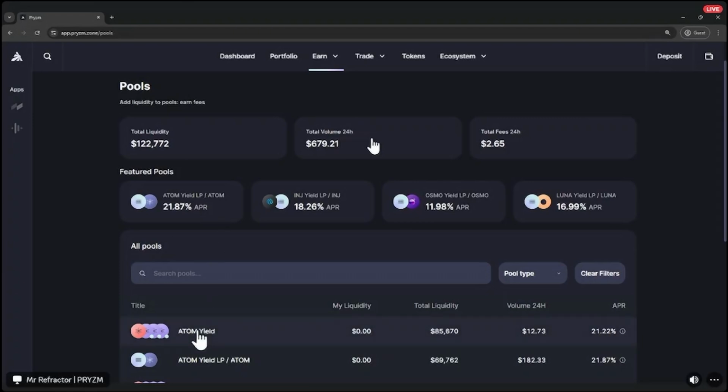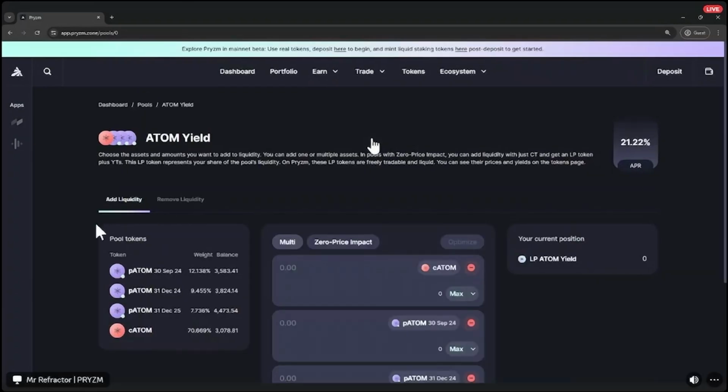So why have we done that? Because yield pools are special. Yield pools are the pools that contain pATOMs and cATOMs, and they require a special kind of trading formula, or a special kind of code to create these pools.